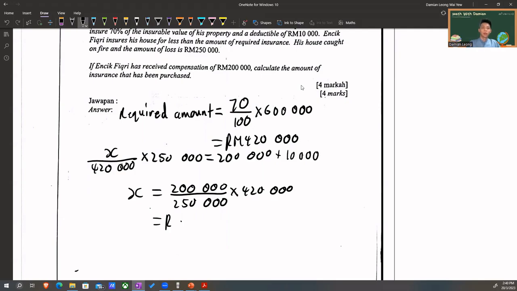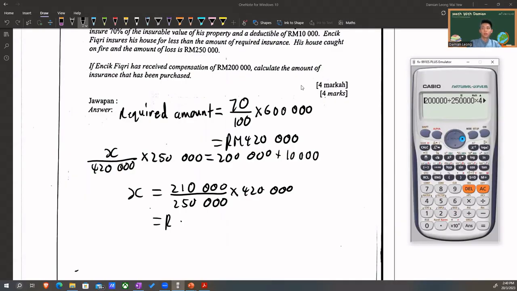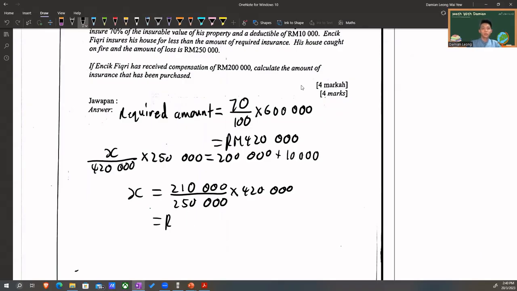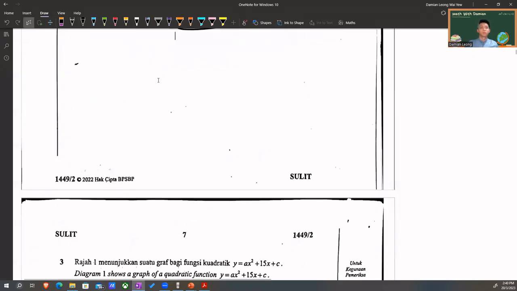Yeah, because I counted the percentage, then I minus off the deductible to get the 200,000. So I have to add the deductible, so it should be 210,000. So I get 352,800 ringgit. So you have to be aware of the deductible as well.